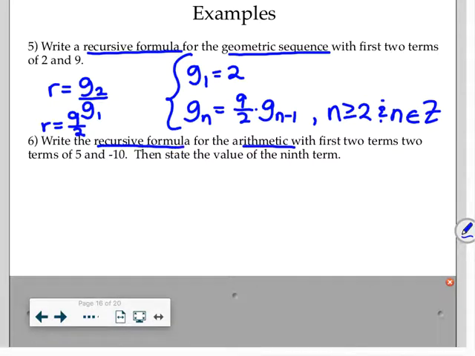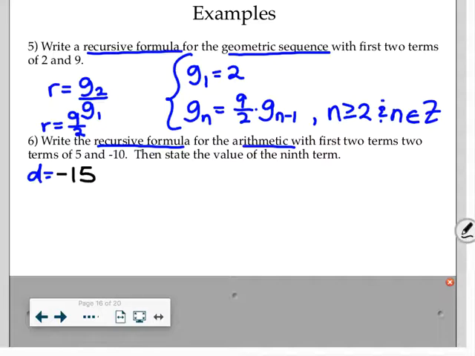All right, number 6. Recursive arithmetic. Now I have a common difference. How do you find the common difference? You're going from 5 to negative 10. That's going down. Just kidding, that's not down 10, that's going down 15, right?